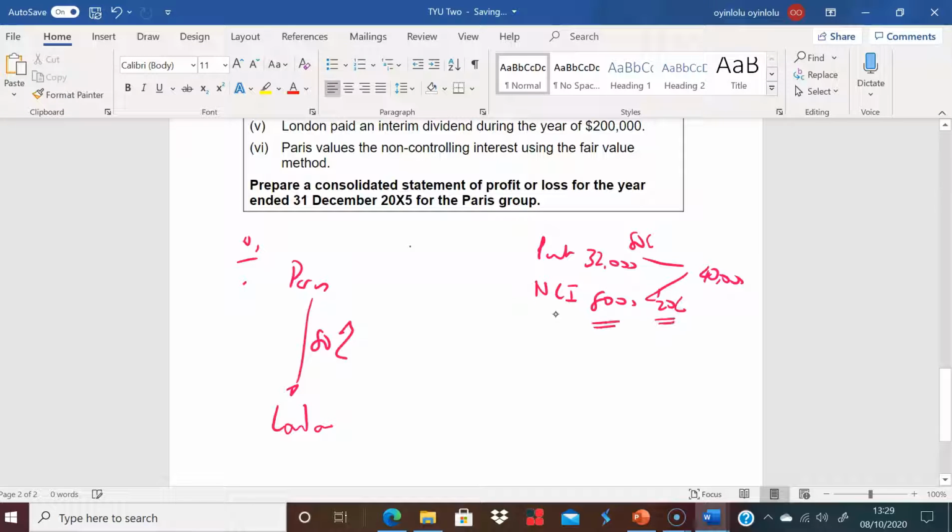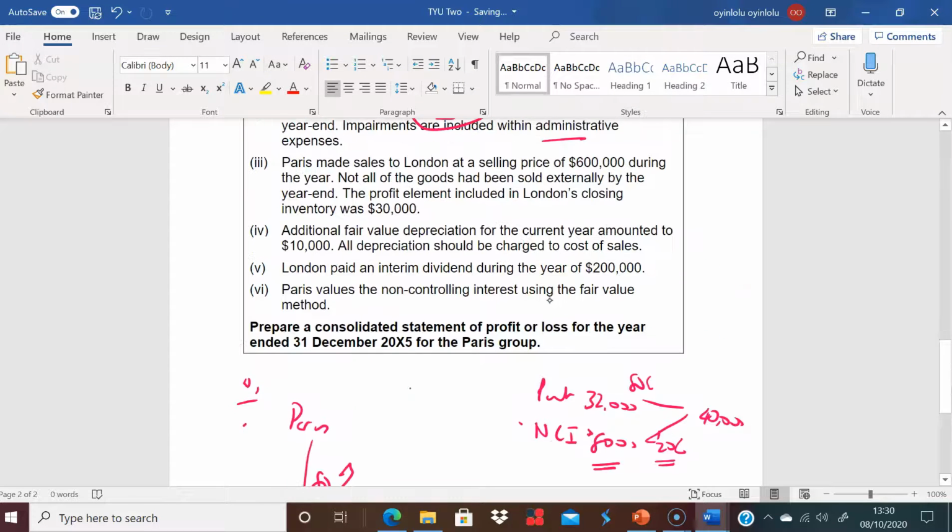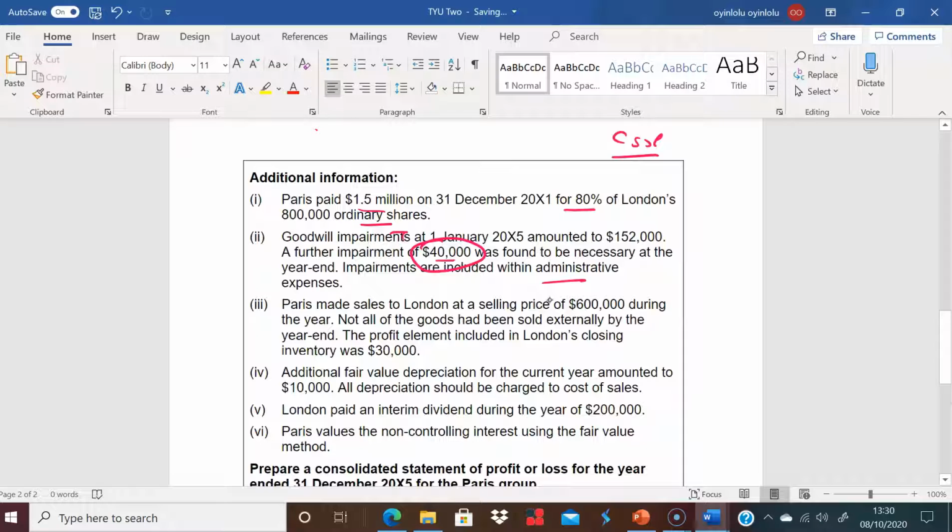So when I come to look at the profit for the non-controlling interest, I must remember to deduct 8,000 from the non-controlling interest's profit. That's the important thing. Kind of like in working two. So I've just got that to the side.